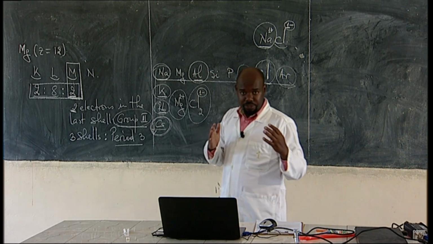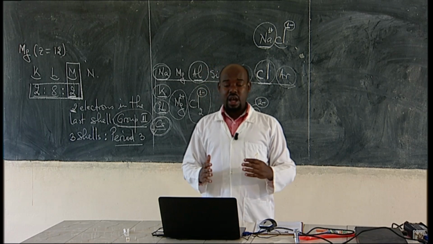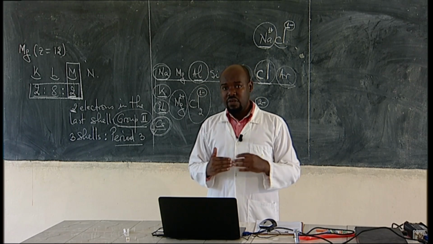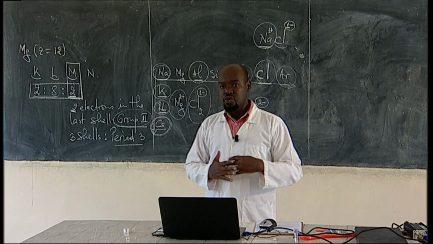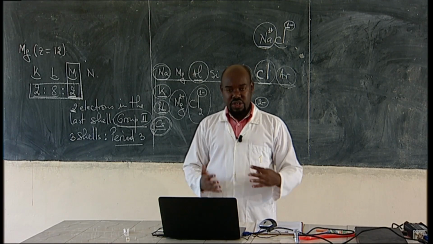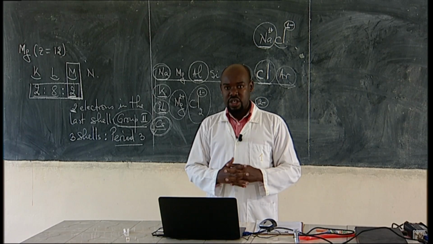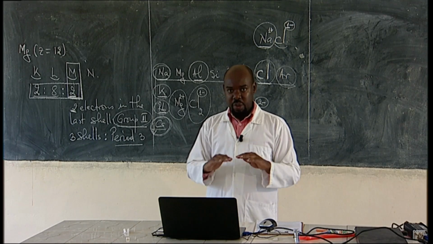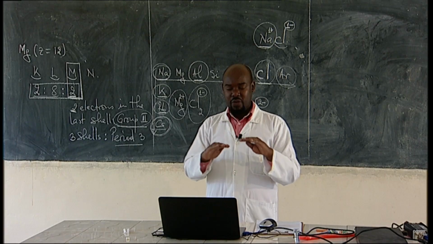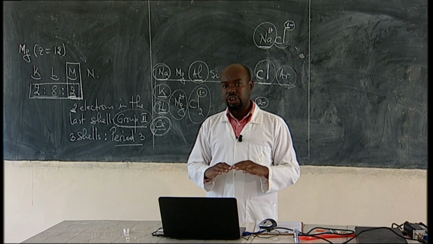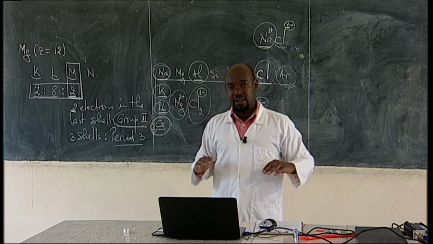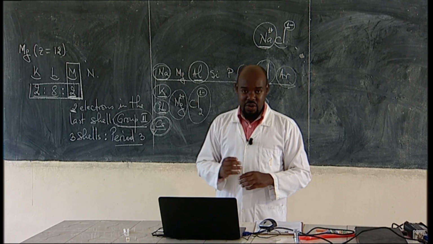The metallic character increases as you move down the group. The ease of losing electrons increases as you go down the group because the size is increasing. We have more shells. Remember, as the number of periods is increasing, we get more shells. And then the metallic character increases.